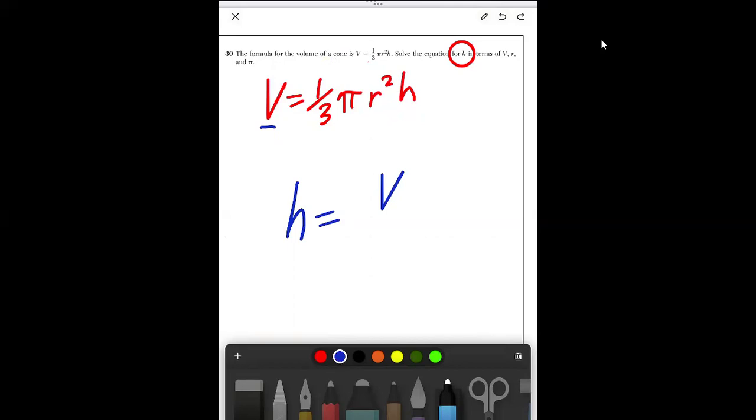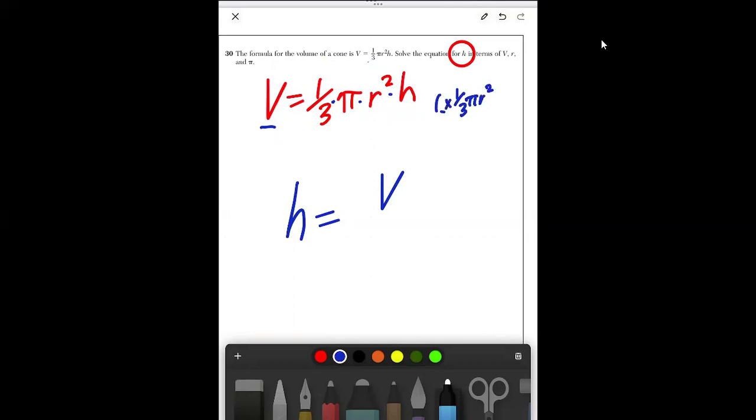The way that you do that is you just look and see what's being done to the h. If you look at this, you can see that the h is being multiplied by r squared, it's being multiplied by pi, and it's being multiplied by 1/3. So basically, there's only one thing that's happening. You're multiplying by 1/3 pi times r squared.